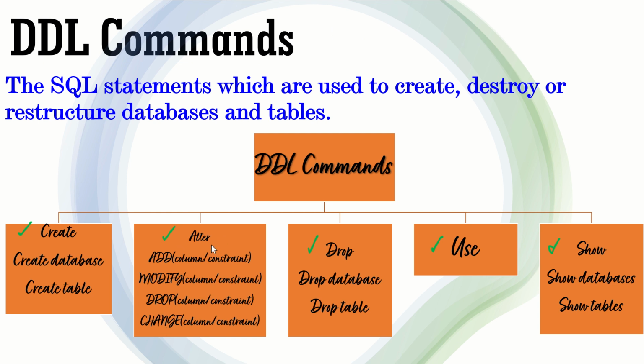In drop, we have created databases, we have created the table. Now what does drop do? Drop will drop the database or the table. If we say drop database, it will drop the database. Drop table, then the table will be dropped. I'll explain each of it. Use, what is use? I'll explain. Show is to show the databases, show the tables.